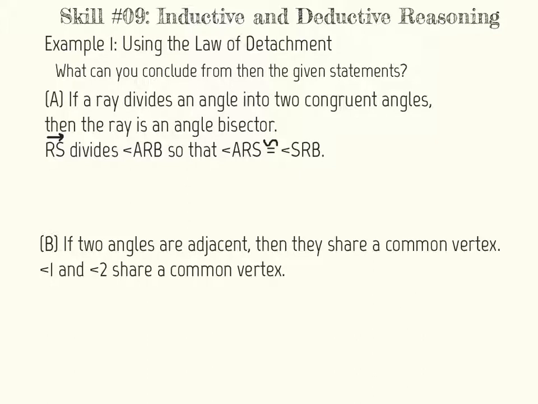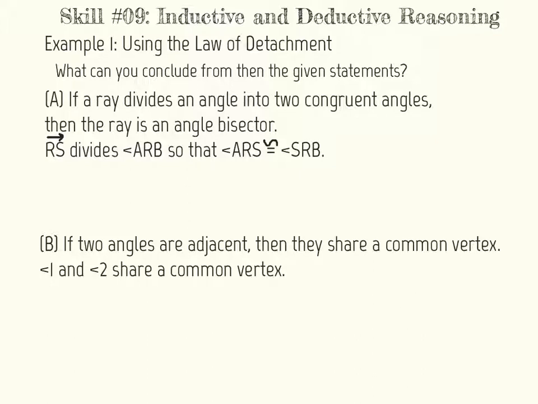For this first example, we're going to use the law of detachment to try to draw a conclusion from a set of statements. If a ray divides an angle into two congruent angles, then the ray is an angle bisector. That's my first statement. Now, what has actually happened is ray RS divides angle ARB so that angle ARS is congruent to angle SRB.